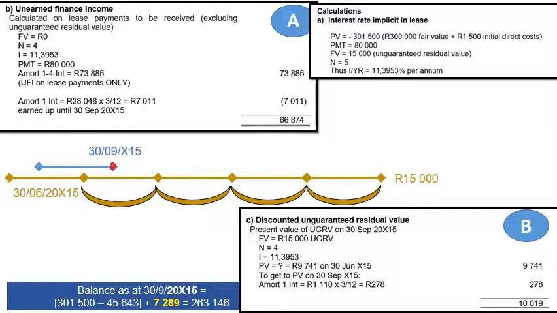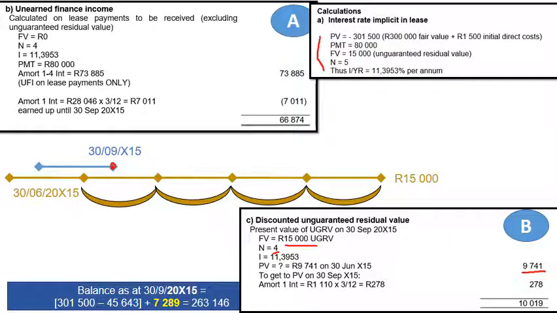So to calculate that present value, we use the same calculation that we did for the interest rate implicit in the lease. However, now we only have the unguaranteed residual value. We do not have a payment amount in this calculation. So we're calculating what 15,000 Rand in 4 years' time will be worth today on 30 June X15, and that gives me an amount of 9741.